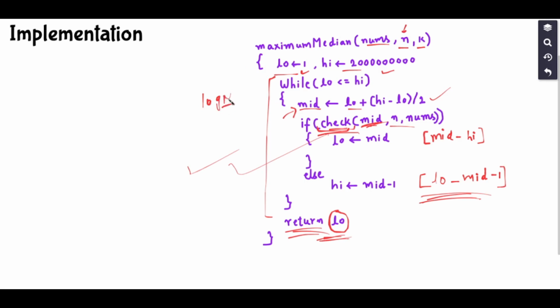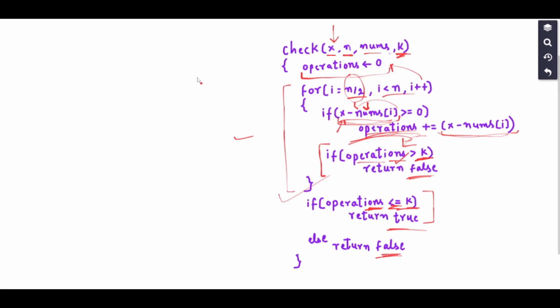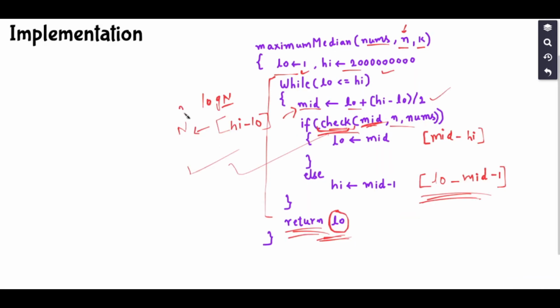This capital N represents the search space, that is high minus low. While this predicate function contributes a big O of n time complexity. This is small n because we are iterating over the array here. Hence the overall time complexity becomes n multiplied by log of N.